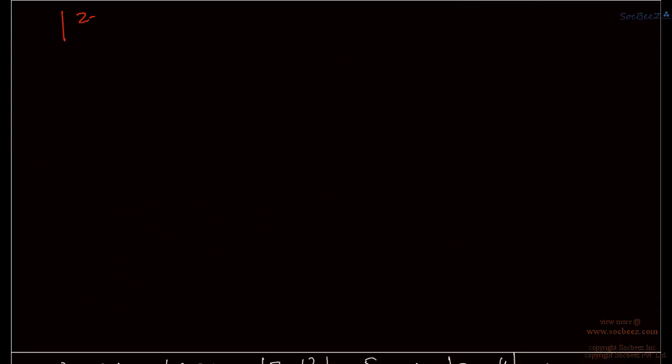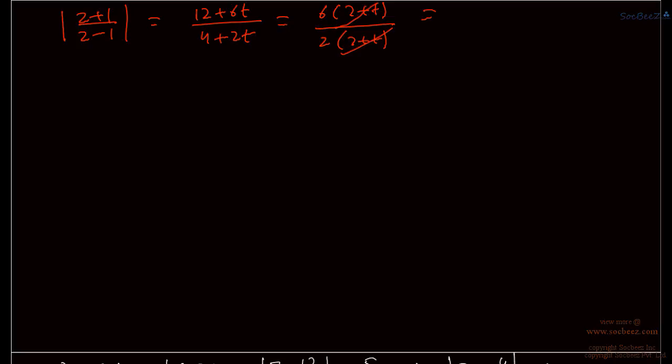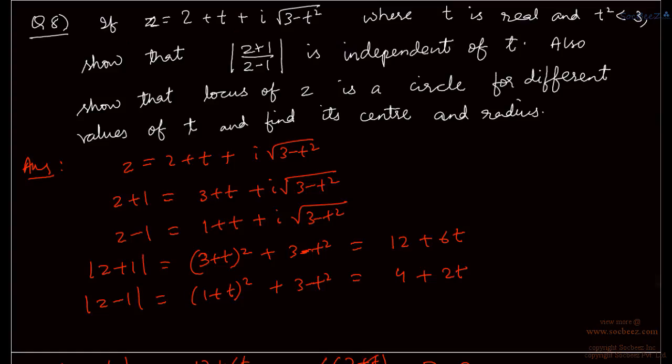Right? So I see that mod of z plus 1 by z minus 1 is nothing but 12 plus 6t by 4 plus 2t. Now we see that we can take common 2 plus t, right? So let us take 2 plus t common here. Actually, another 2 becomes common, and so we see that the mod of z plus 1 by z minus 1 is nothing but 3, and that is what is asked to prove, right?